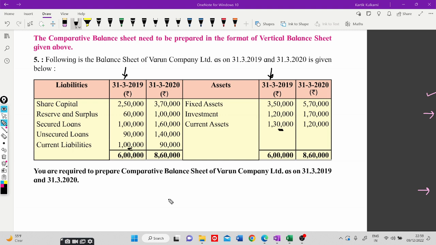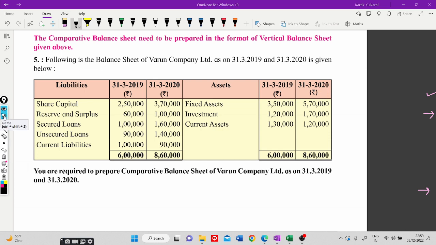So working capital will be 30,000. Similarly, current assets for 2020 is 1,20,000 minus current liability 90,000. So current asset 1,20,000 minus current liability 90,000, working capital will be 30,000.